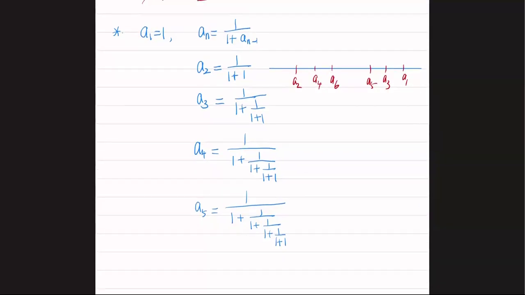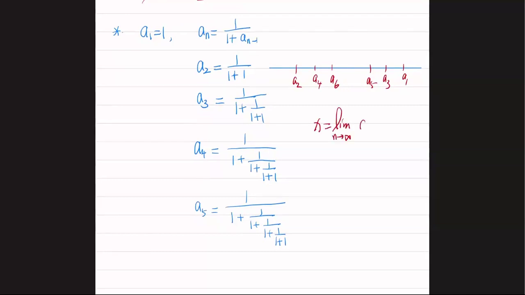So let's denote this x as the limit. How do we find this limit? It should be something between this is 1, this is 1/2. It will be something between 1 and 1/2. So what's this number?